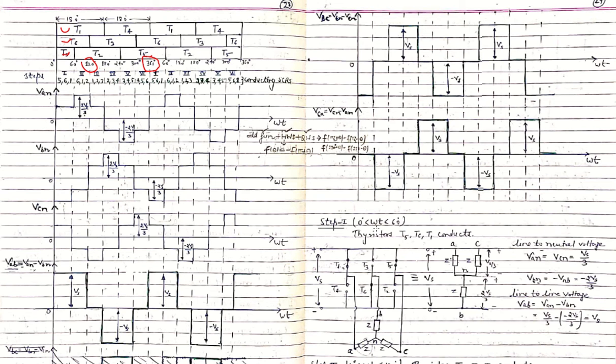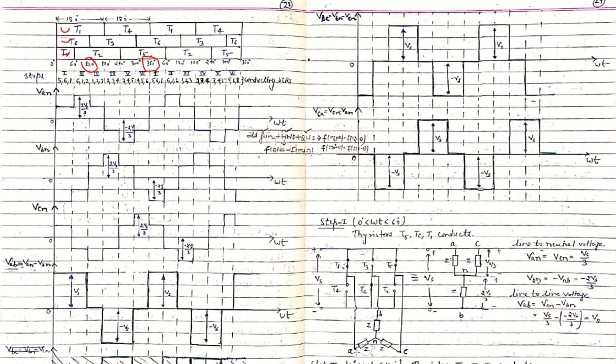In this 0 to 60 degree duration, T5, T6 and T1 are conducting. So we will close T5, this third arm, T1 is closed and T6 is closed. So three thyristors are closed for 0 to 60 degree duration, and this is our load which has A, B and C phases.